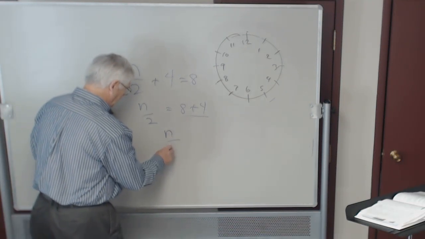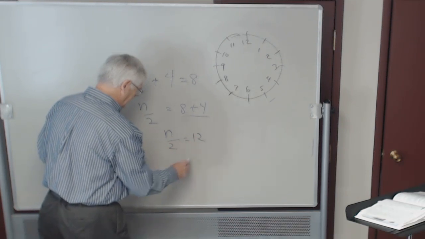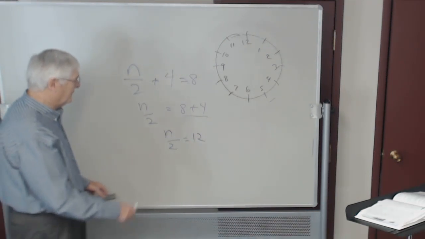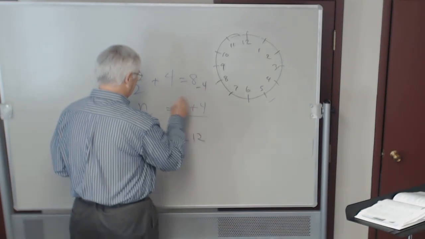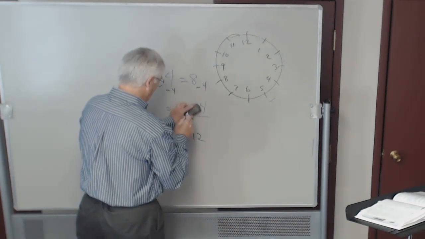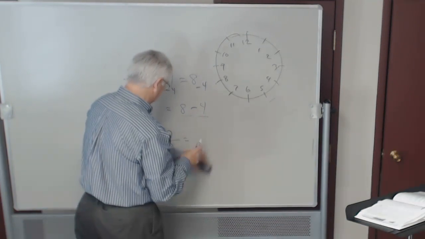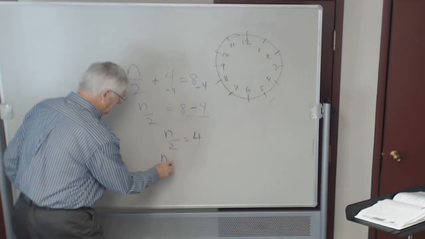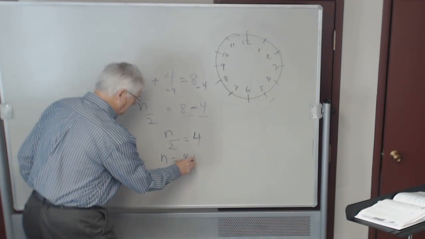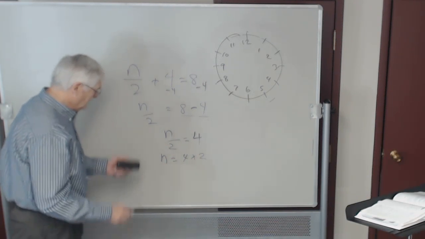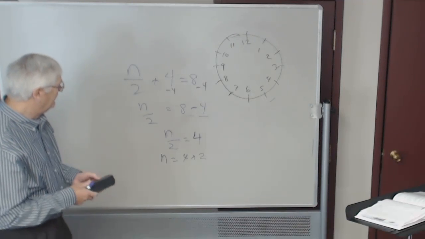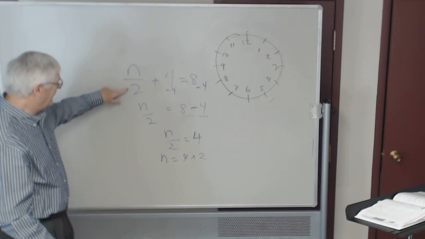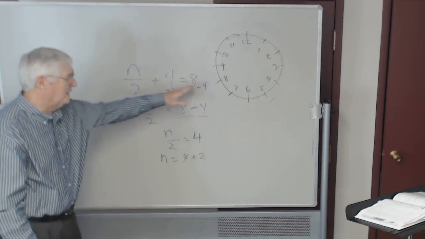So N over 2 equals 12. Wait, when you move the 4 over, wouldn't it be 8 minus 4? Oh, you're right. Thank you. Minus 4. So 8 minus 4 is what? 4. So N over 2 equals 4. So N would equal 4 times 2. What's 4 times 2? 8. Check it out. What's 8 divided by 2? 4. What's 4 plus 4? 8.